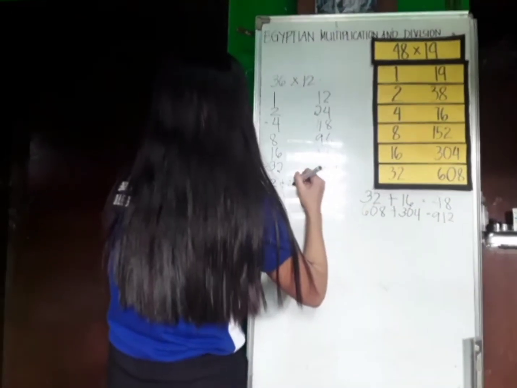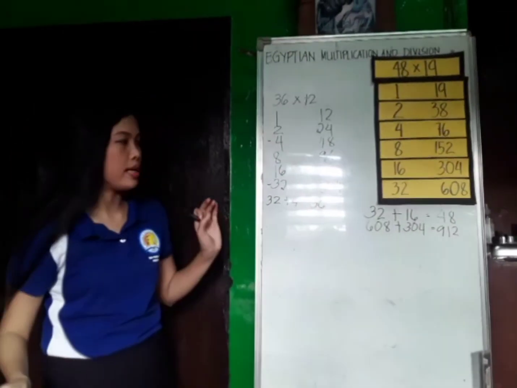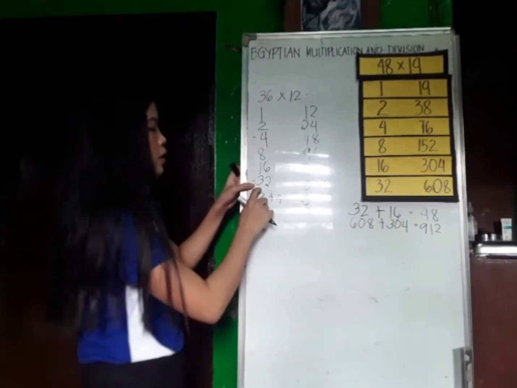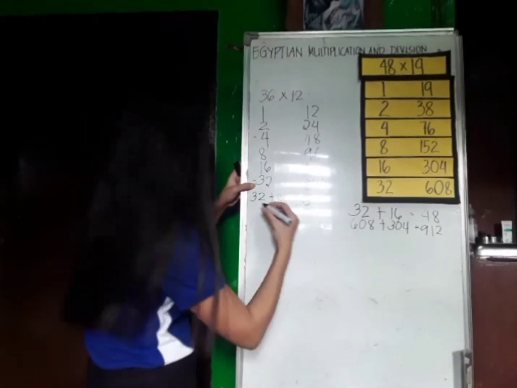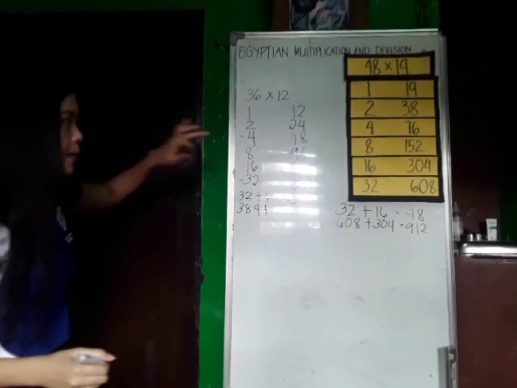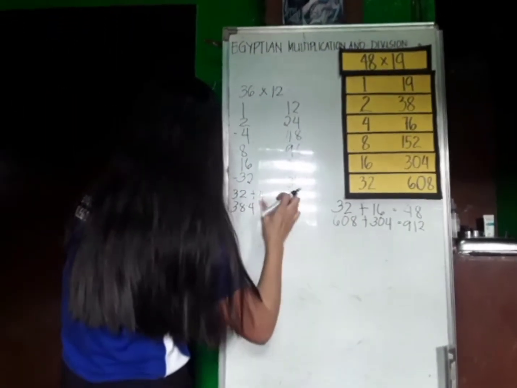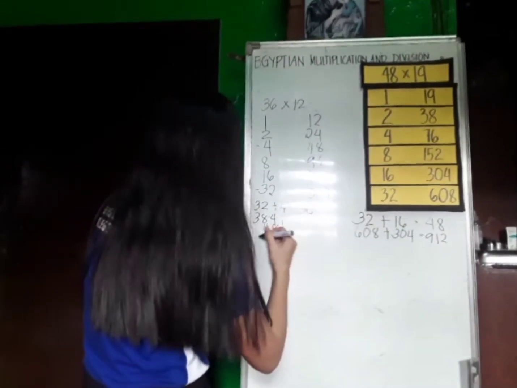We will arrive at 36. So the value for 32 is 384, and for 4, we have 48.